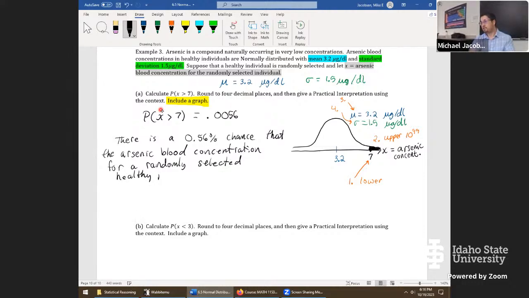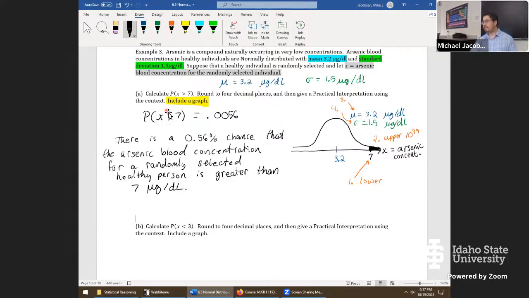Healthy person is, last thing we'll say, just greater than 7 micrograms per deciliter. So greater than, or you might say more than, 7 micrograms per deciliter. So that's our interpretation there.